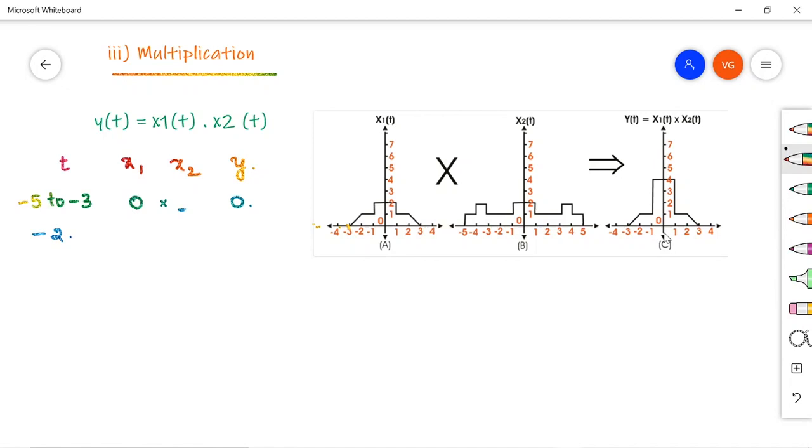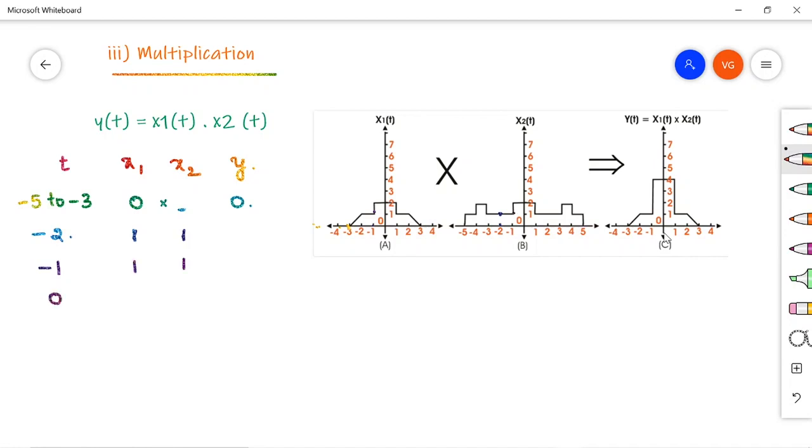At minus 2, that is at t is equal to minus 2, the amplitude of x1 is 1. At t is equal to minus 2, the amplitude of x2 is also equal to 1. Then at t is equal to minus 1, the amplitude of x1 is 1 and the amplitude of x2 is also equal to 1.